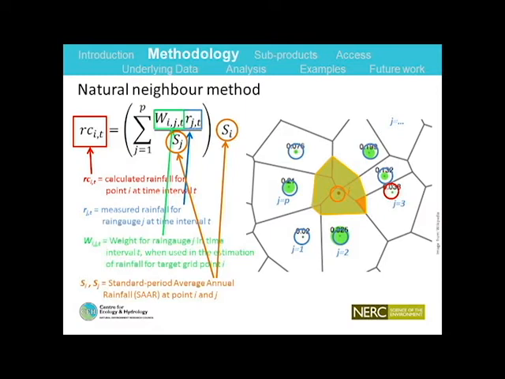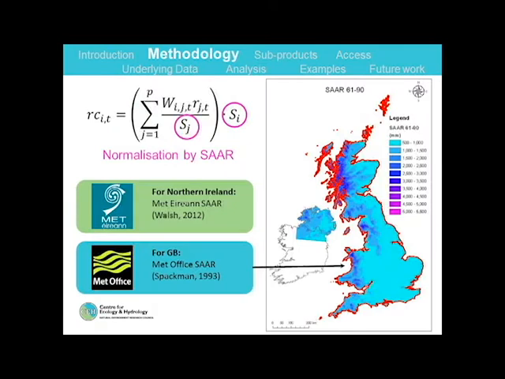So if, for example, on gauge number 1 there was missing data tomorrow, then we would just recalculate the whole network of polygons. For the normalization by SAAR, we've used for Northern Ireland the Met Éireann SAAR, and for Great Britain the Met Office SAAR.